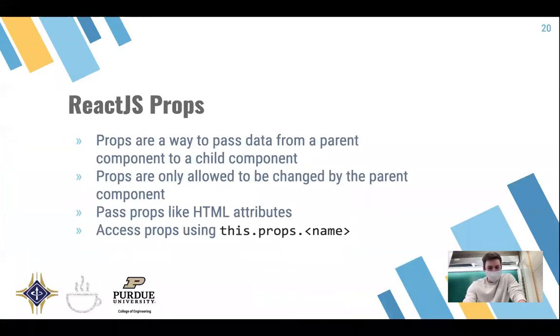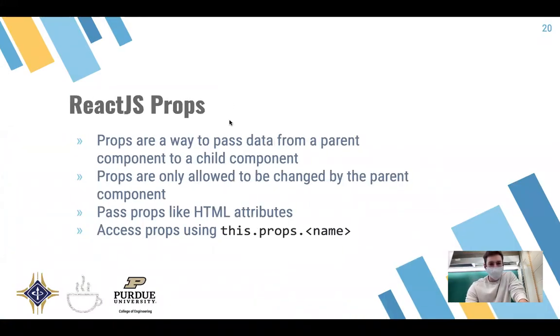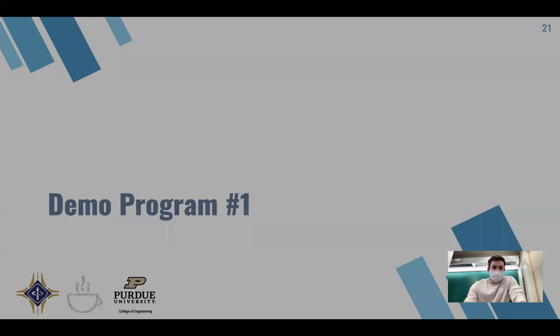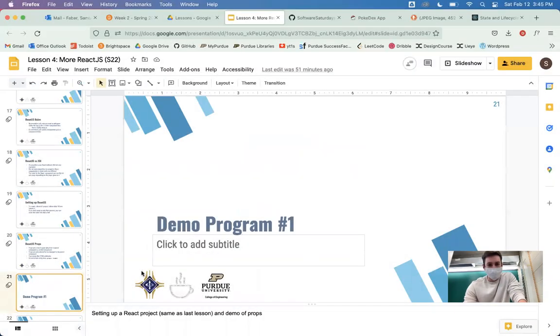I'll show you that fully in the demo, so I'll get into that more later. But props can only be changed by the parent. They're read-only in the child that they're given. They're passed like HTML attributes, and this is how you access it within the child component, this.props.name.